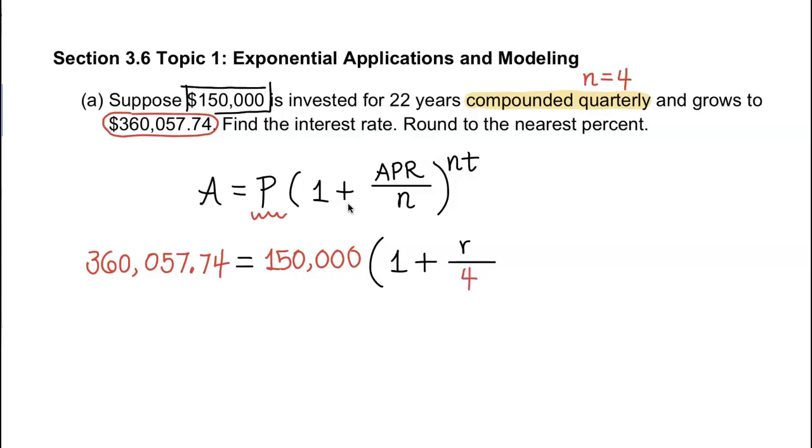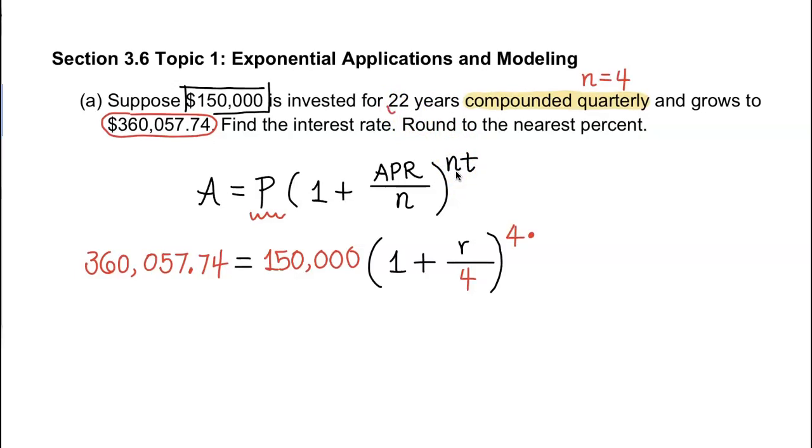Remember, for quarterly, we are using N equals 4. Close the parenthesis. For the exponent, we have to put how many quarters we have in the 22-year period. So that's N times T, 4 times 22 years, so we get 88 quarters, and that will be the exponent for this equation.